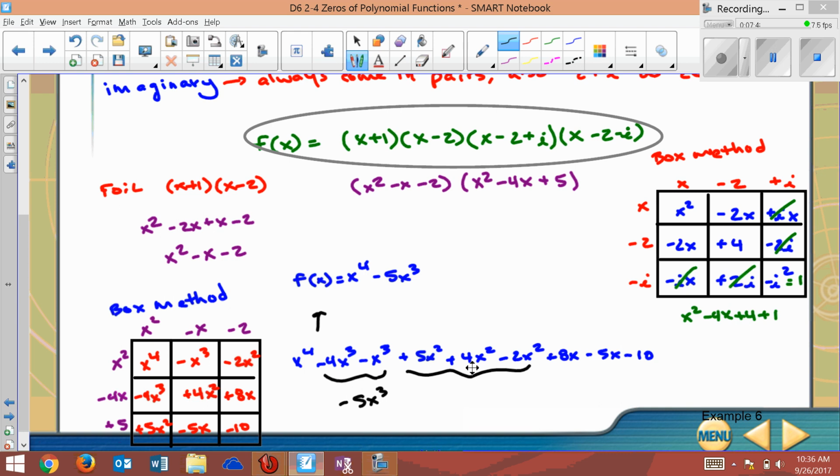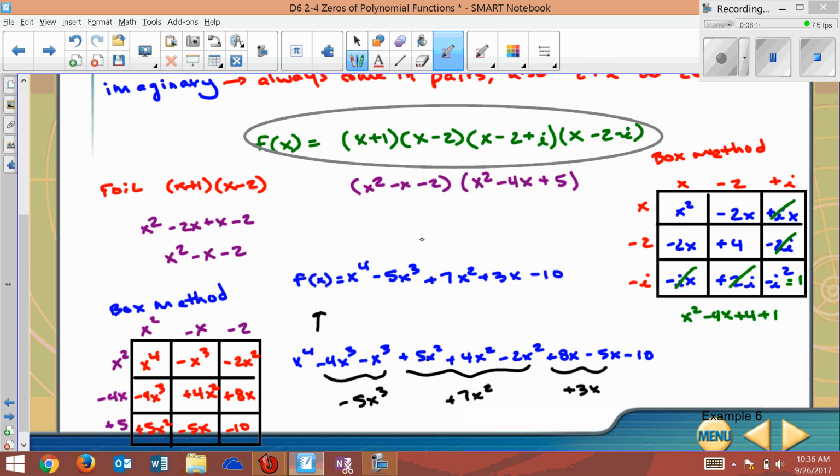Combine these, positive 5, positive 4, and minus 2. That's like having positive 7x squared. We combine these two to have plus 3x. And then, of course, the minus 10. That is the best answer. Notice the i's have totally gone away.